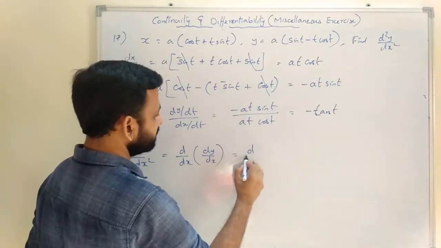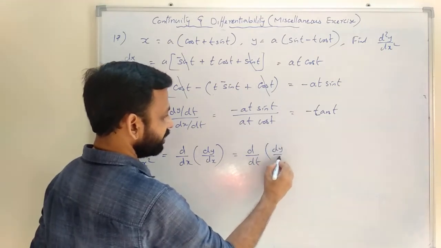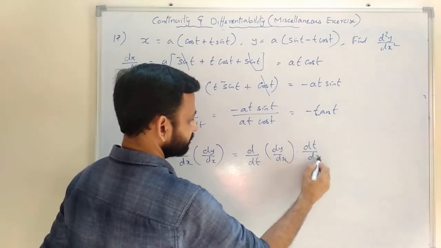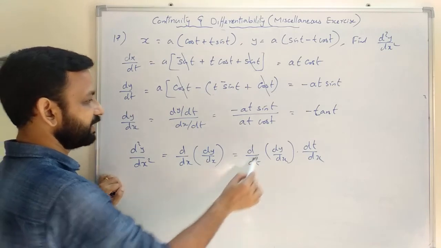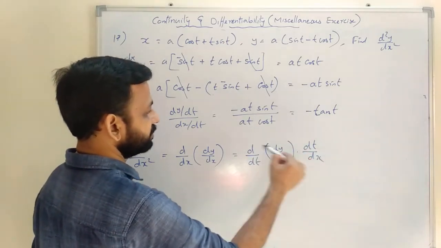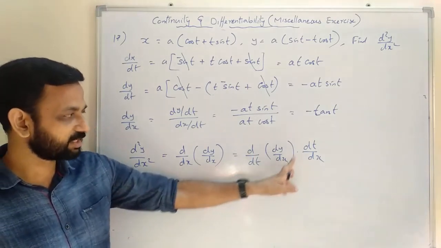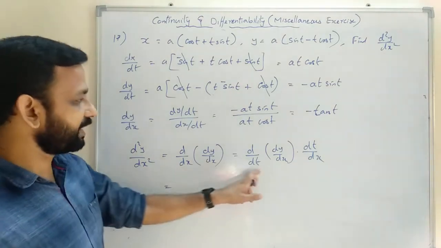So we will do it like this: d/dt of dy/dx into dt/dx. So d/dx of dy/dx is d/dt of dy/dx into dt/dx.